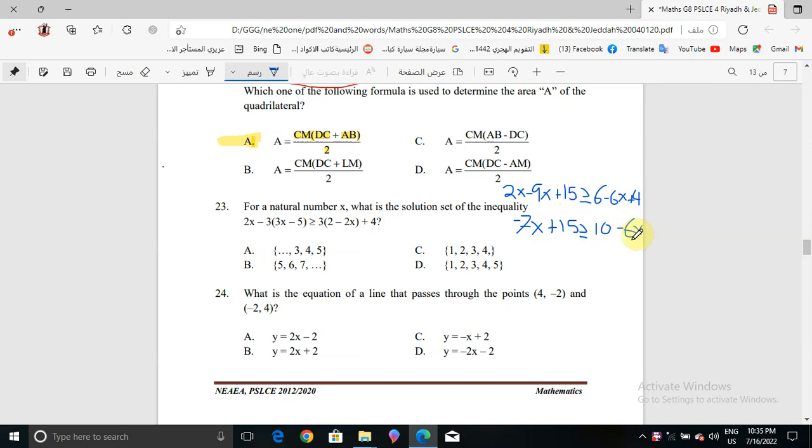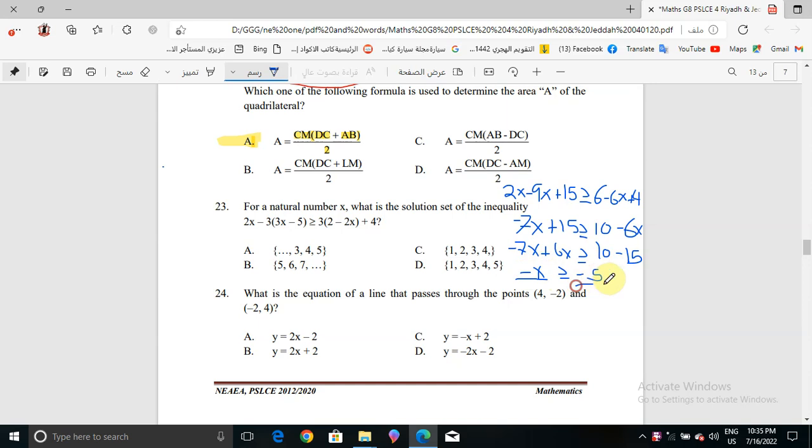Now we will shift 6x with 7x, collecting the like terms together. Negative 7x plus 6x greater than or equal to 10 minus 15. Then we will get negative x greater than or equal to negative 5.